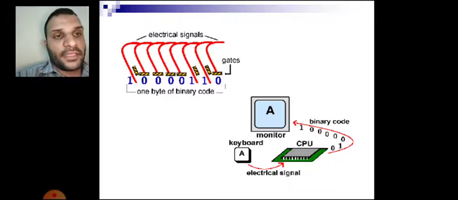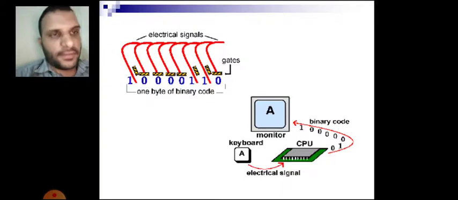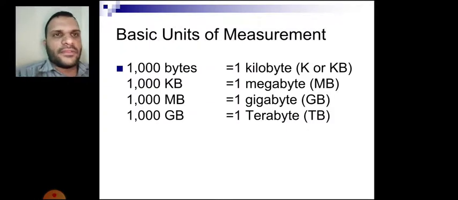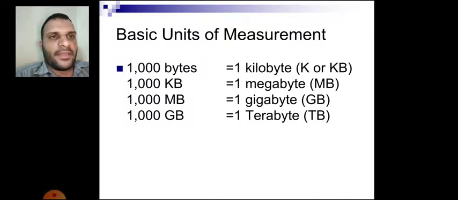Okay, that's the concept of data processing, information processing through the CPU using bytes or bits. Okay. The basic units of measurement: thousands of bytes equal 1 kilobyte or KB, and 1000 KB equal 1 megabyte MB, and 1000 MB equal 1 gigabyte, and 1000 GB equal 1 terabyte.